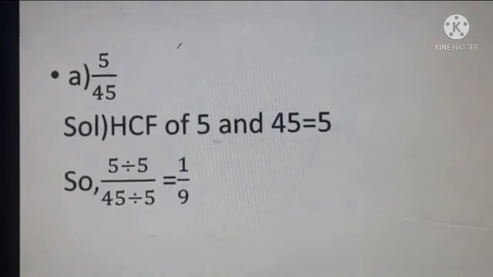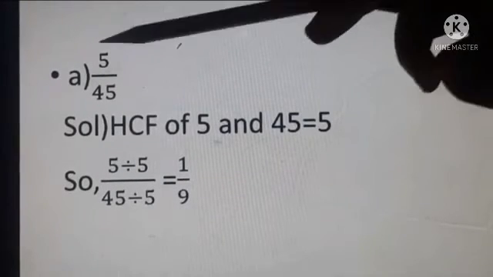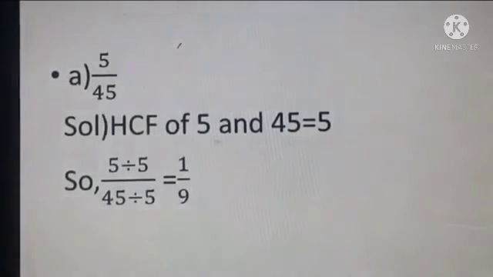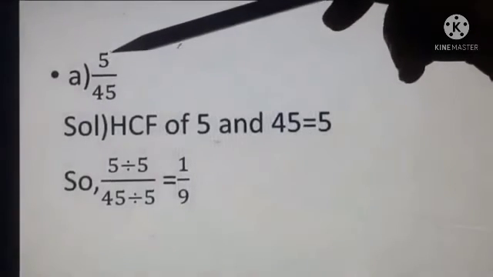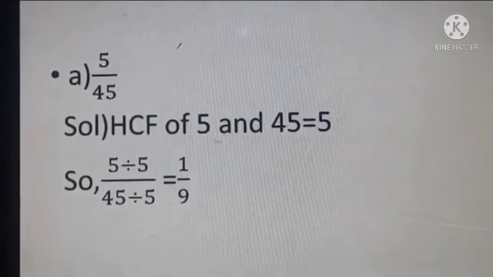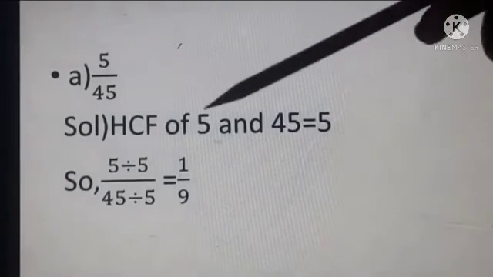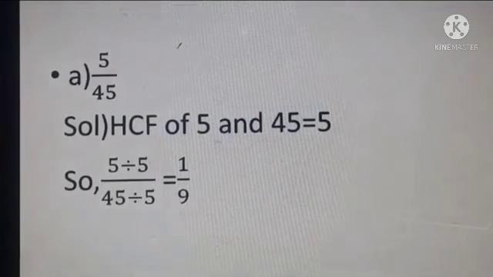This is our second method for converting into lowest term. 5 upon 45, we have taken again that first part. We will find out the HCF of 5 and 45. HCF, now you all know how to find out. So HCF of 5 and 45 is 5, because 5 nines are 45.